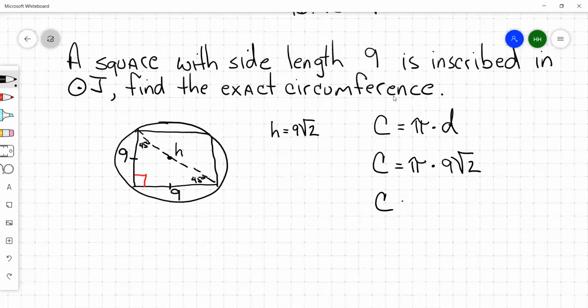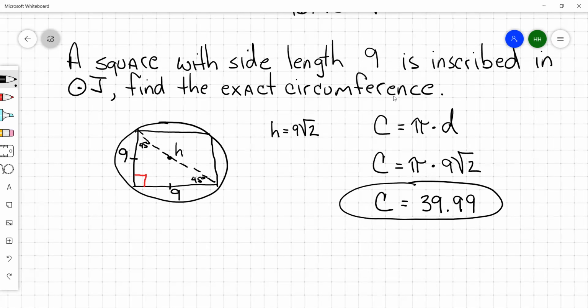So you've got a circumference equal to pi button times 9 times 2 square root equals, and you should get 39.99. Everybody understand that?